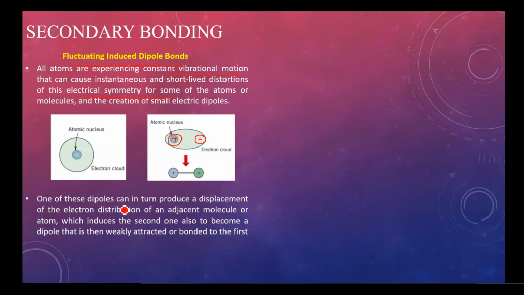One of these dipoles can in turn produce a displacement of electron distribution of an adjacent molecule or atom, which induces the second one also to become a dipole.